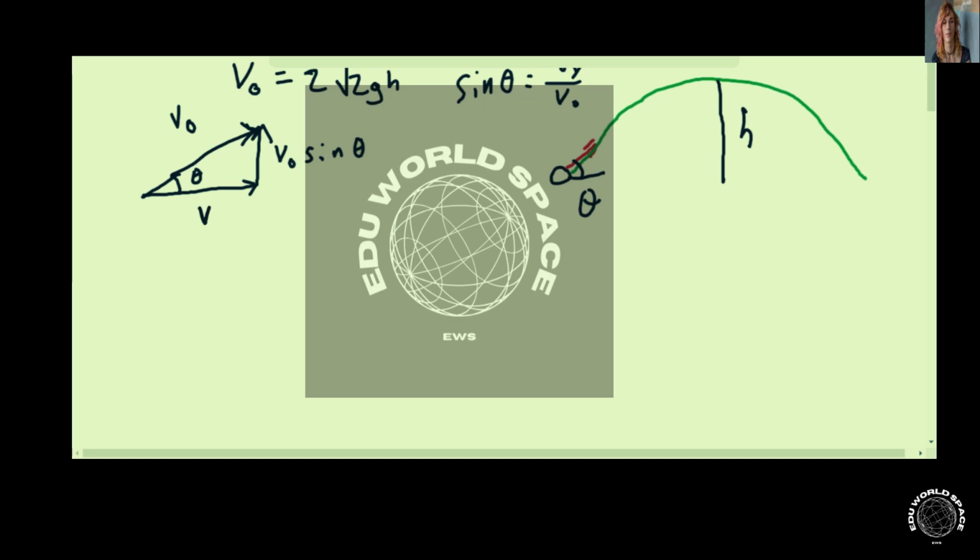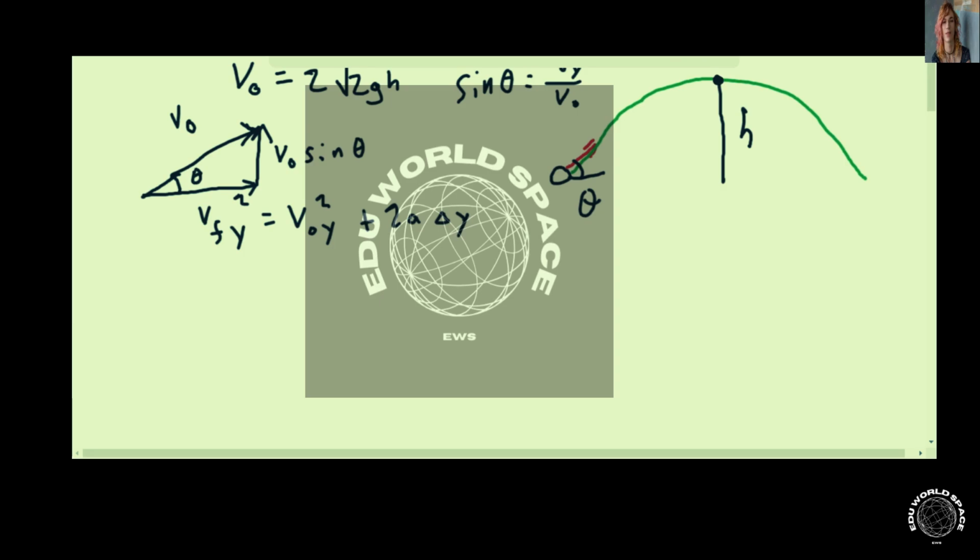So v final in the y direction squared is equal to v naught y squared plus 2a delta y. So we can plug everything in now. V final, we're reaching this top point again.